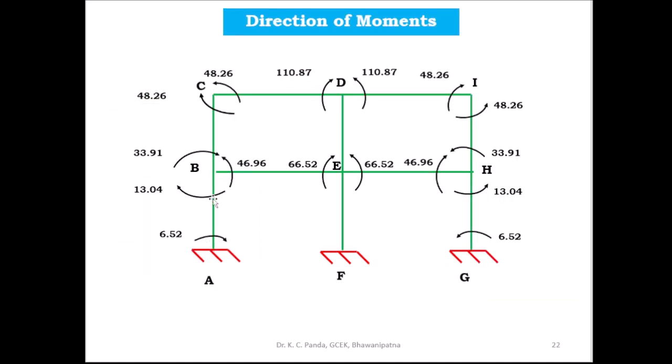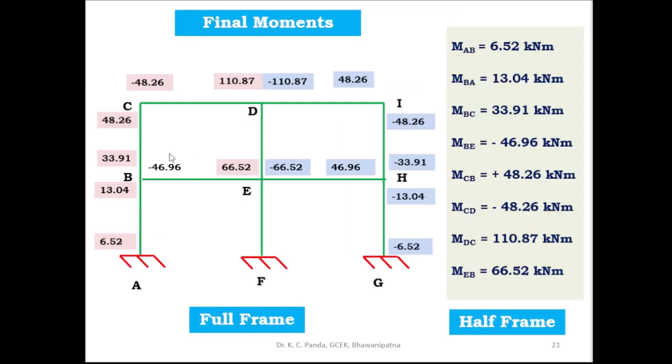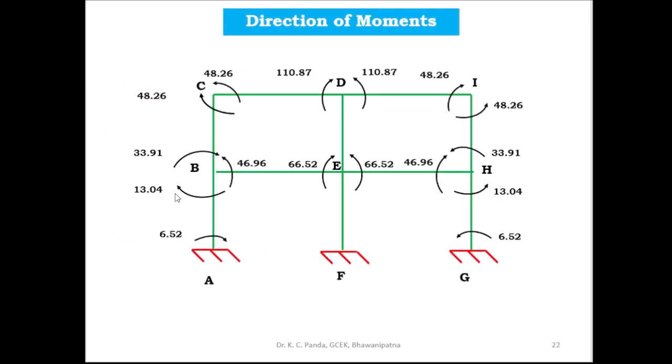You know MAB plus 6.52, so give the direction clockwise, and MBA also plus 13.04 give clockwise, and MBC plus 33.91 give the direction clockwise. But MBE, the value you got here, minus 46.96, so here you give the direction anti-clockwise. So this is clockwise, and this is anti-clockwise.